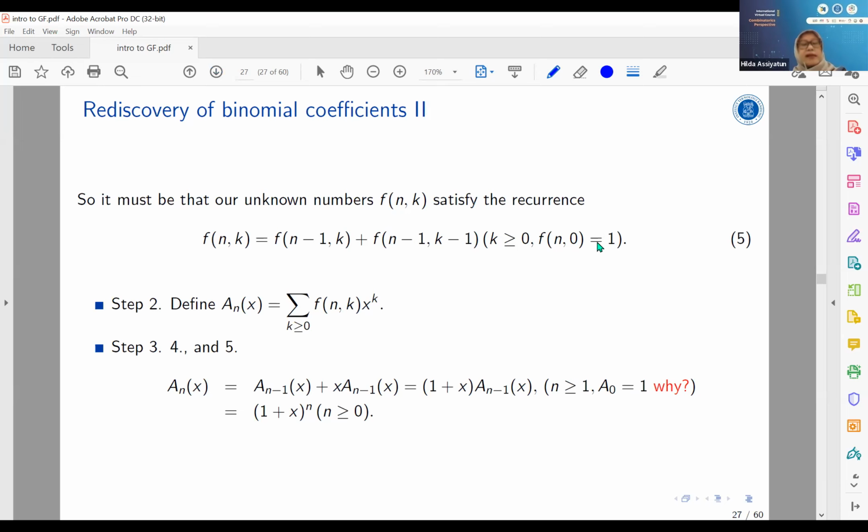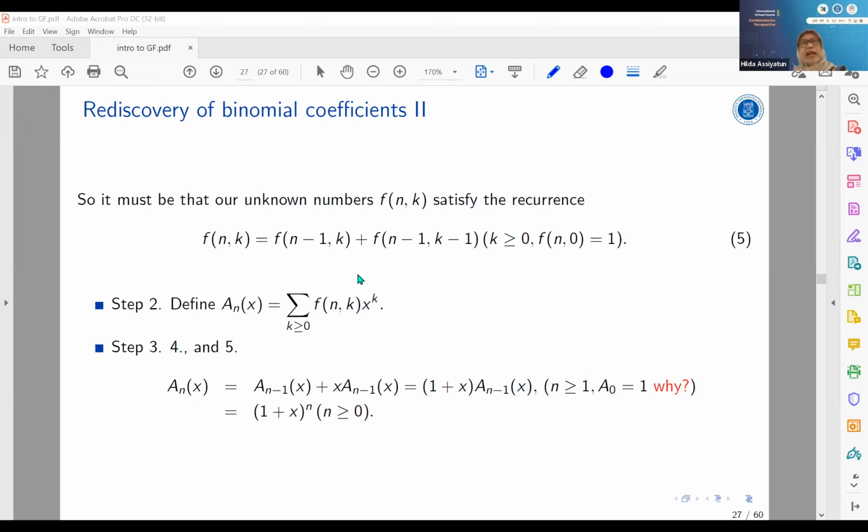Is this assumption right? This is the number of subsets of size 0 from a set of size n, so it is the number of empty subsets.